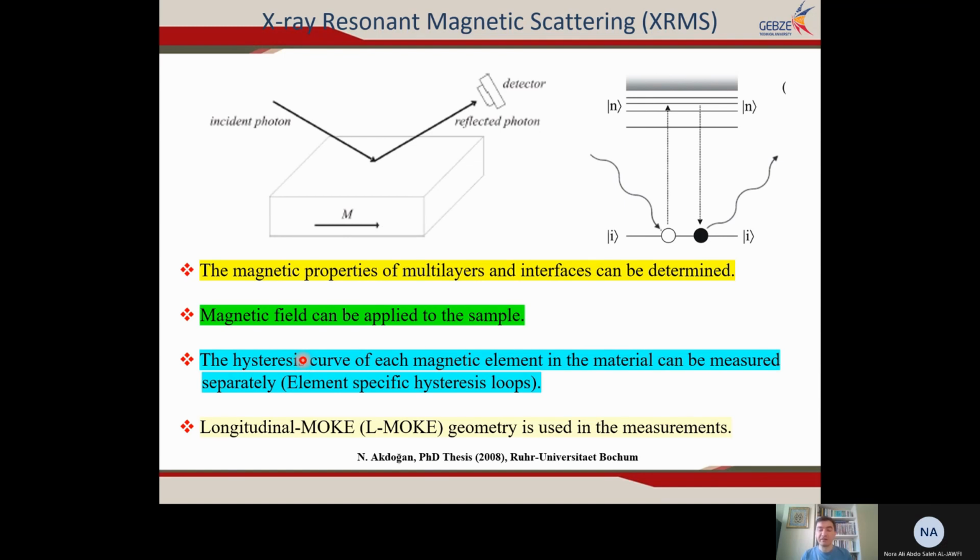Magnetization is discussed in solid-state physics lectures and also in a separate course called magnetic materials. So within this lecture, I will only use this previous information. During the measurements, we use longitudinal MOKE geometry, and I will explain what this is.